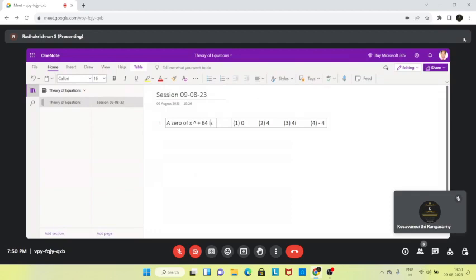Okay, so a root of x to the power of 3 plus 64 is... there are 4 options. Can you do this?